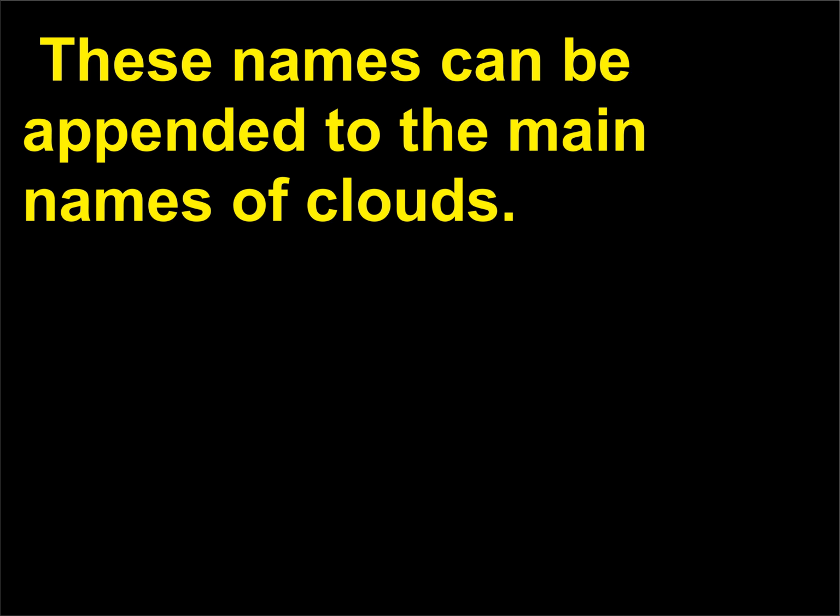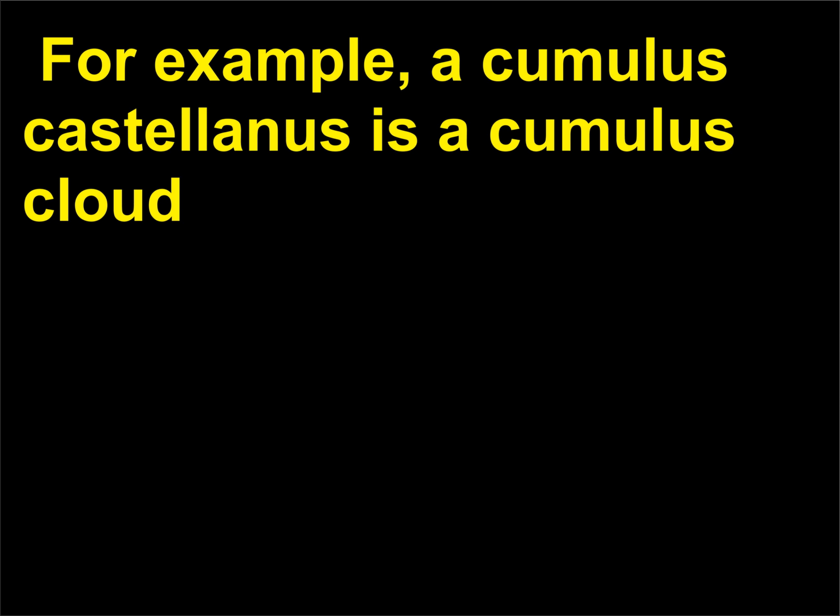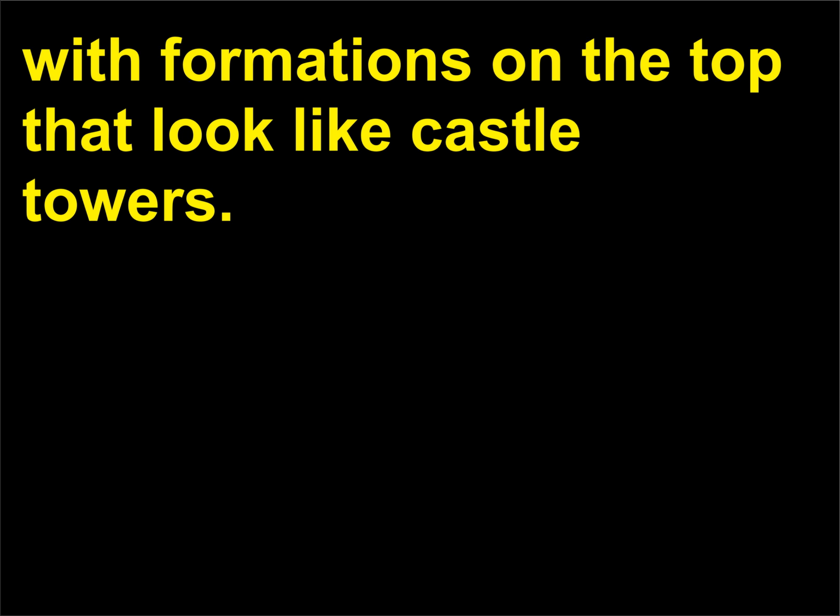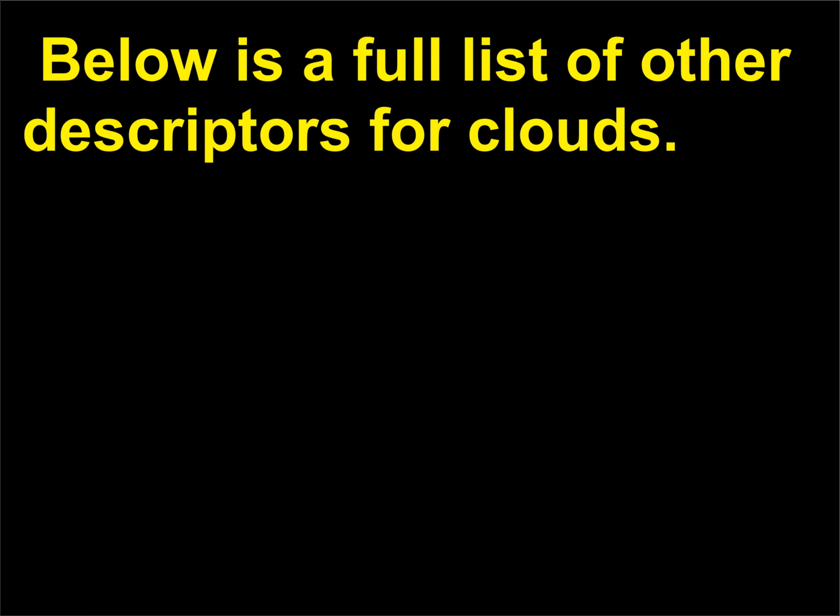These names can be appended to the main names of clouds. For example, a cumulus castellanus is a cumulus cloud with formations on the top that look like castle towers. Below is a full list of other descriptors for clouds.